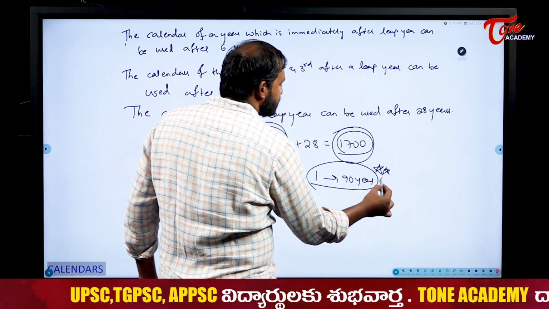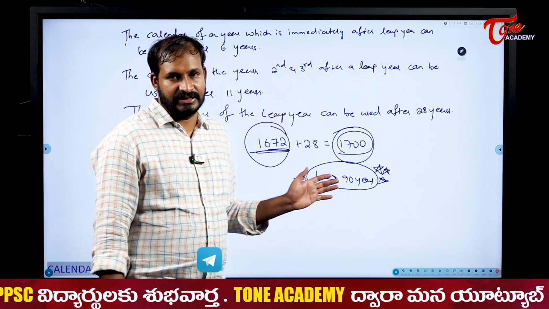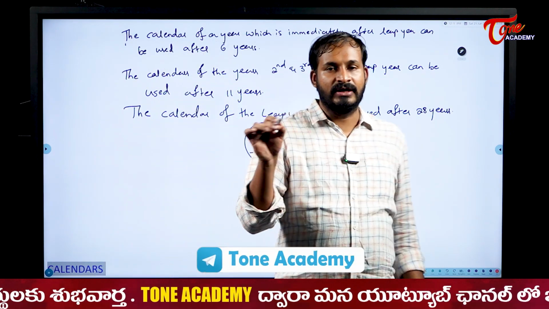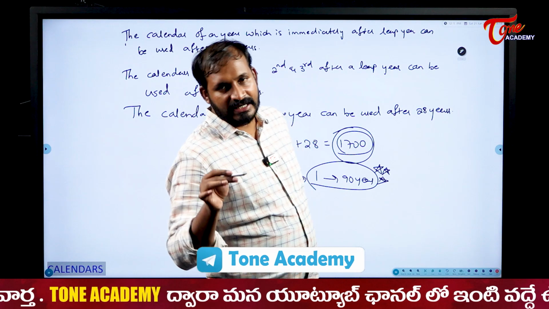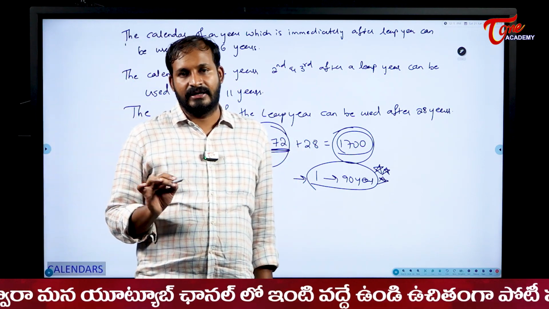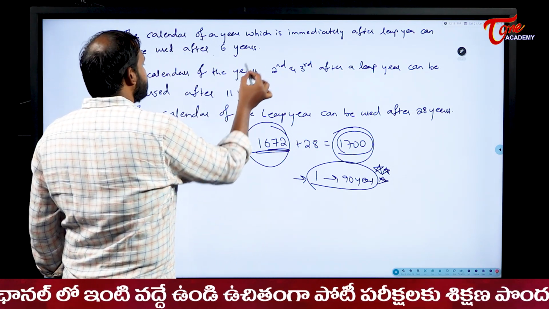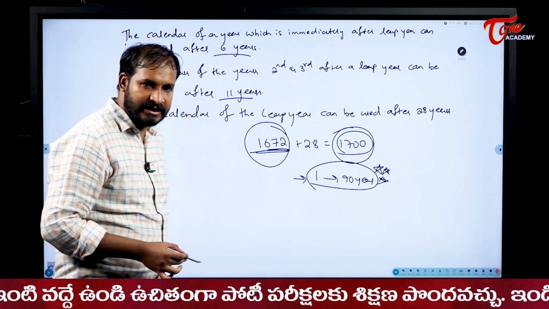Sir, if they ask us, now what I need to write the answer for 1672? You know the procedure. Just now I have told you 1, 1, 2, 2, you should write like that, and a non-leap year should be matched with non-leap year and a leap year should be matched with leap year. This is how you need to solve the problems. For timing, remember plus 6, plus 11, plus 11 and plus 28.